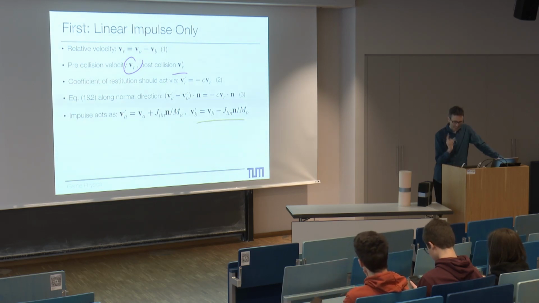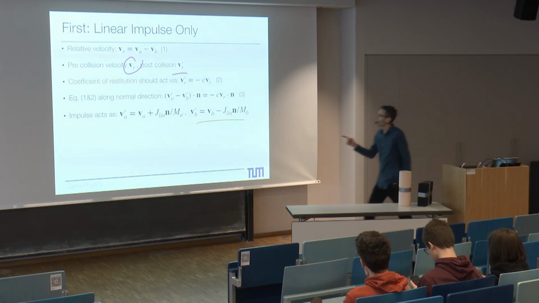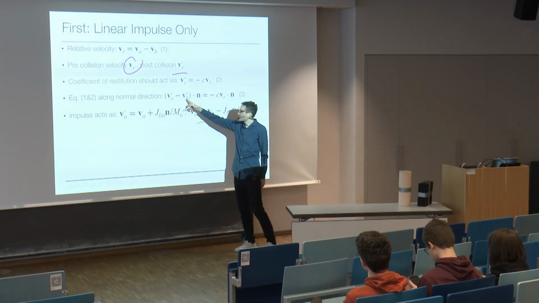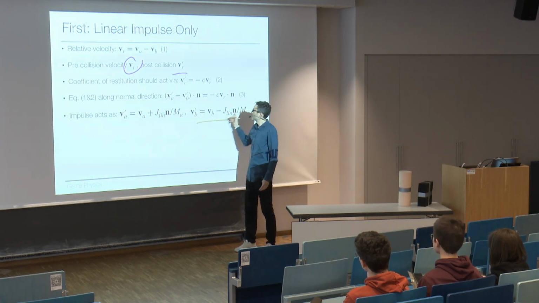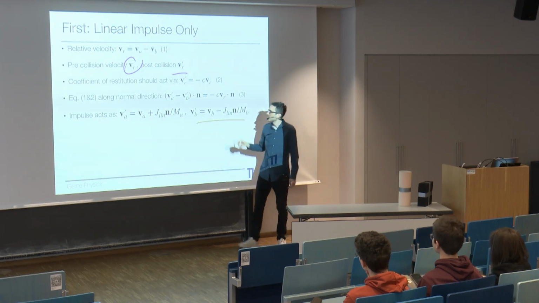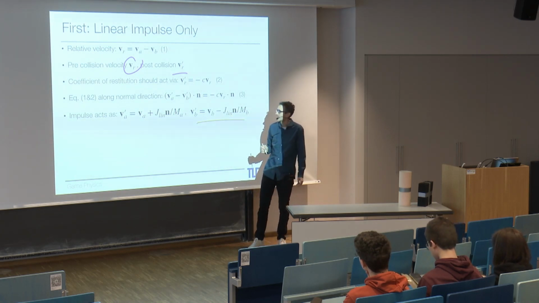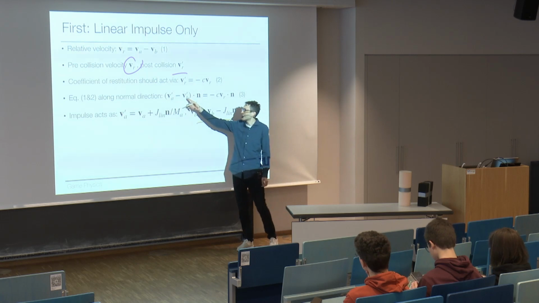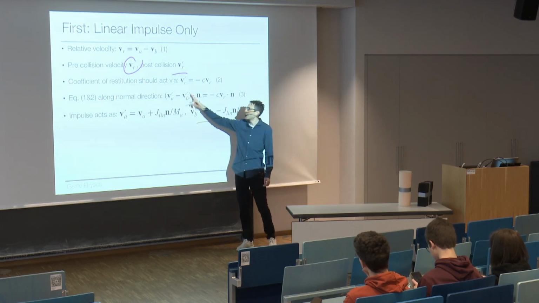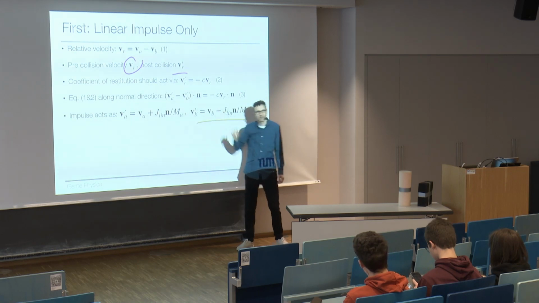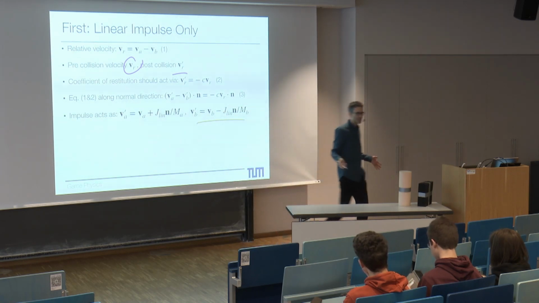These equations for the linear impulse now tell us what the velocities look like, how they're constructed, and this we now use here to compute j. So these exact values we don't have. We're actually looking for j, and we know afterwards this is how the post-collision velocity is affected by the impulse.